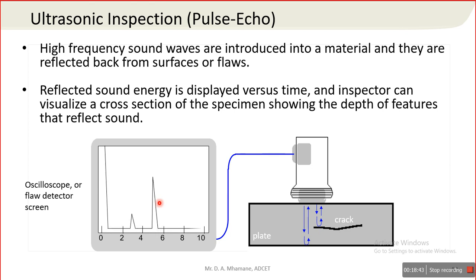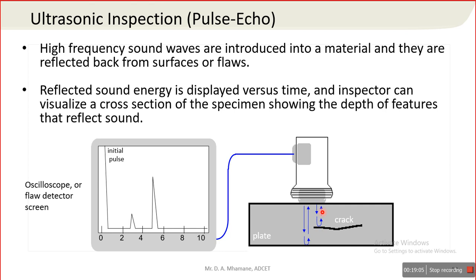See here, two echoes come on the screen, two reflections of the sound wave. The first one is from the back wall, or the extreme end of the component, and the second one is from the crack, or flaw.